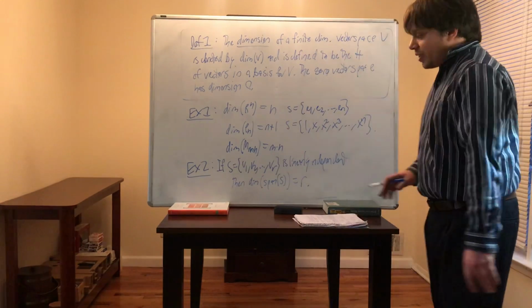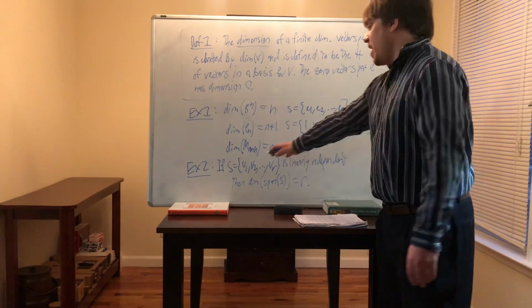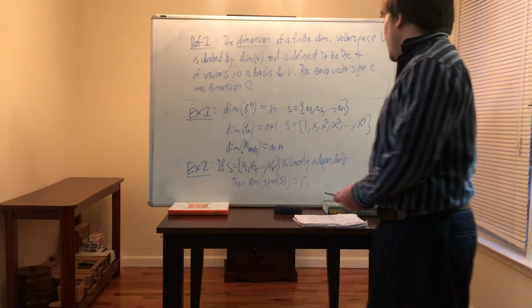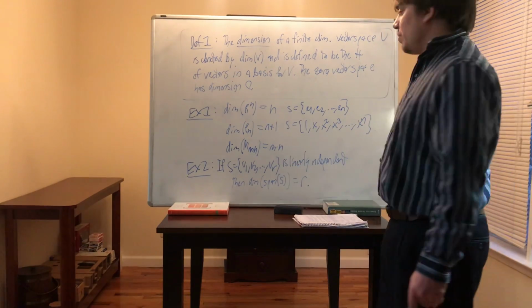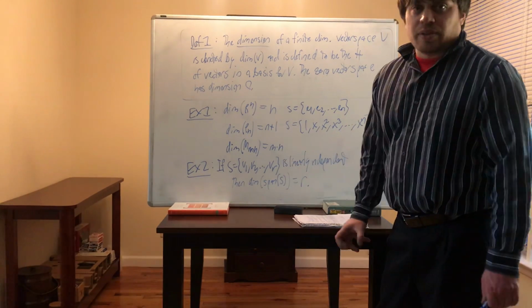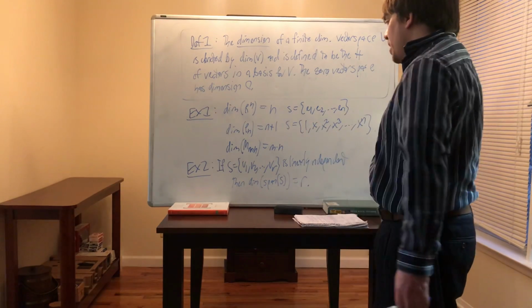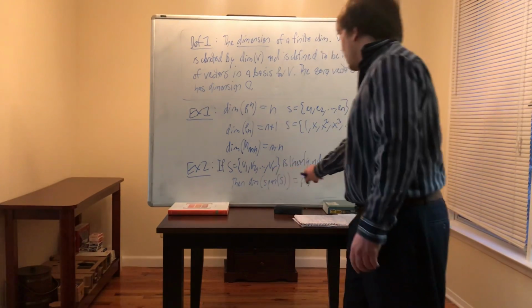So, what does this mean? If you have set S, which is vectors V1 to VR, and it's linearly independent, right? So you have to make sure you know what linear independence means. If you have the set S that's linearly independent, then the dimension of this vector space is R.